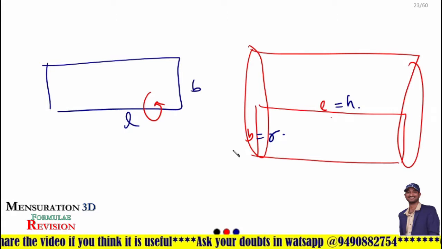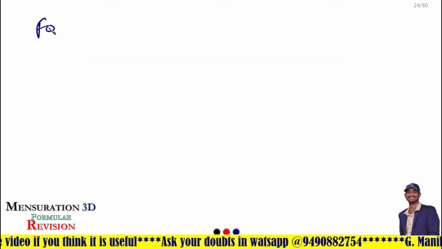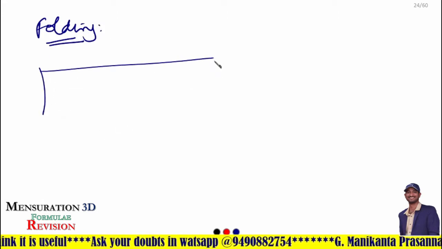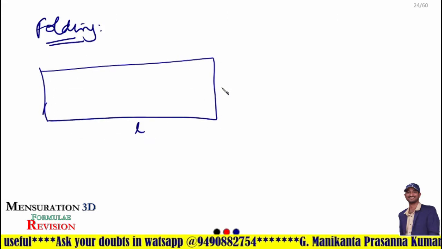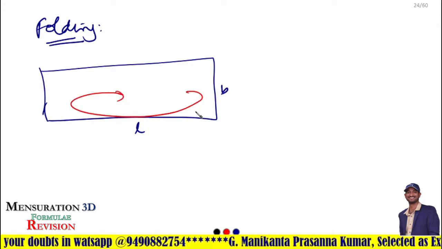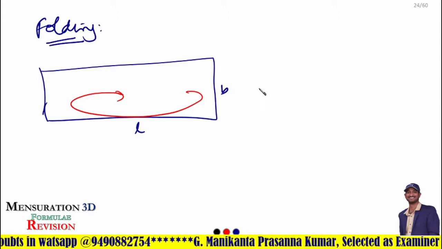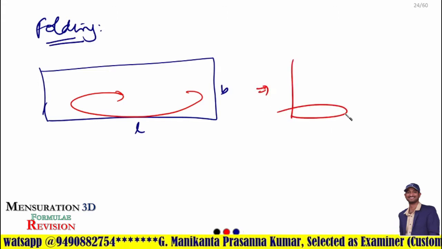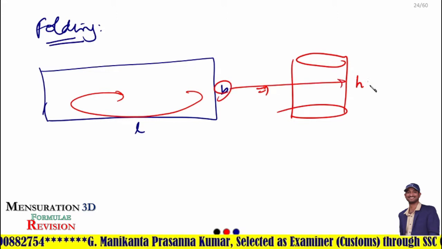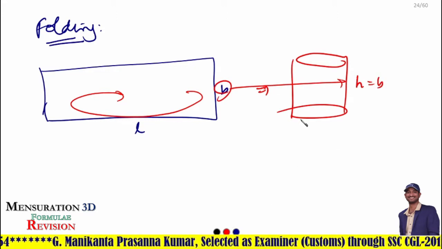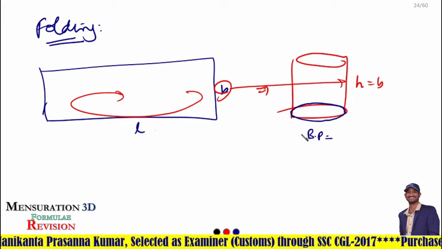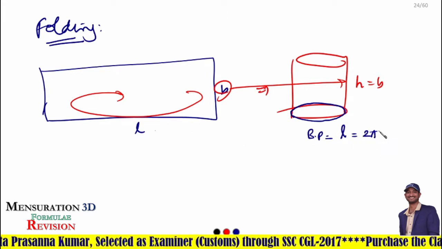Okay. Next, when you talk about folding, that means when a rectangular sheet of dimensions L by B is folded along length, then you will get a cylinder whose height is equal to breadth and whose base perimeter is equal to length, that means 2 pi r.